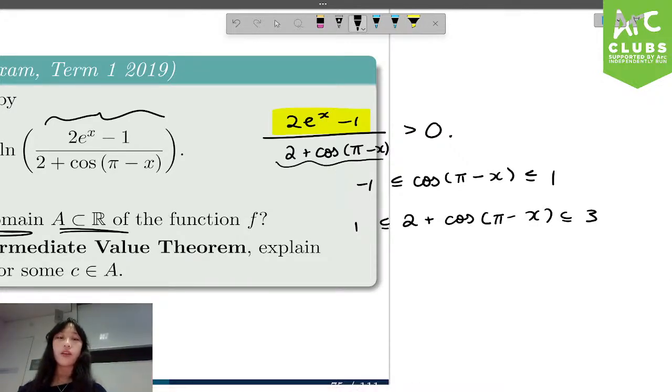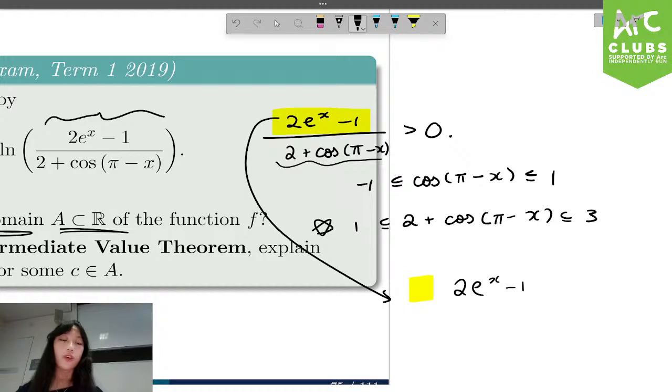Because the bottom is positive, as we've proven here, now we have to find the values of x such that what's on the top is also positive. Oh, sorry, I'm going to relocate here. So what we're trying to solve for is x when this is positive.